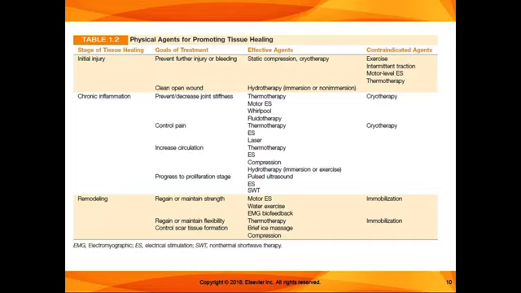So you could say, I used electrical stim in order to increase circulation, in this stage of chronic inflammation, or I used ultrasound to promote tissue healing, or I used motor electrical stim to regain or maintain strength. So you want to say why you did things. So it's good to know. What's the goal of the treatment? What are effective agents? What do you want to avoid?